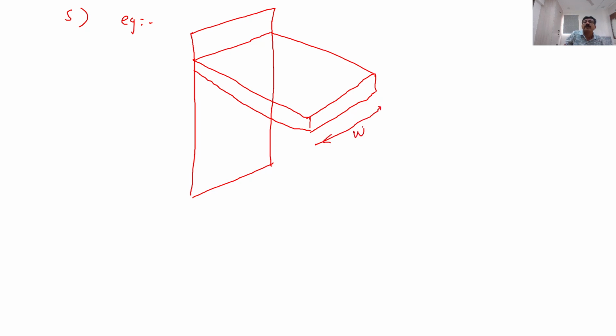This is the width of the fin. This is base to tip distance, the length of the fin, and this is nothing but the thickness. This is called the tip or tip area, and this is the base wall.